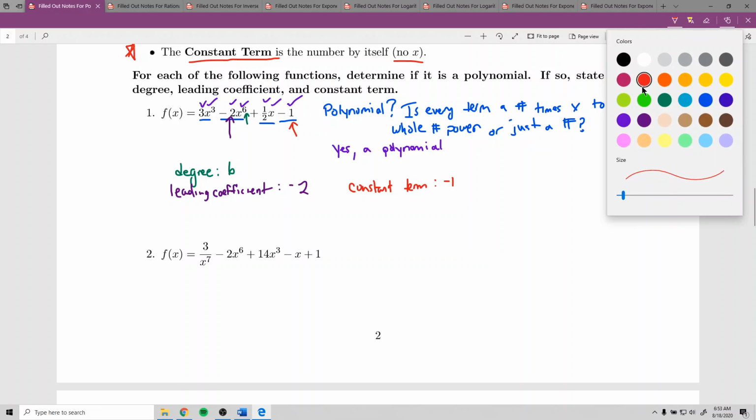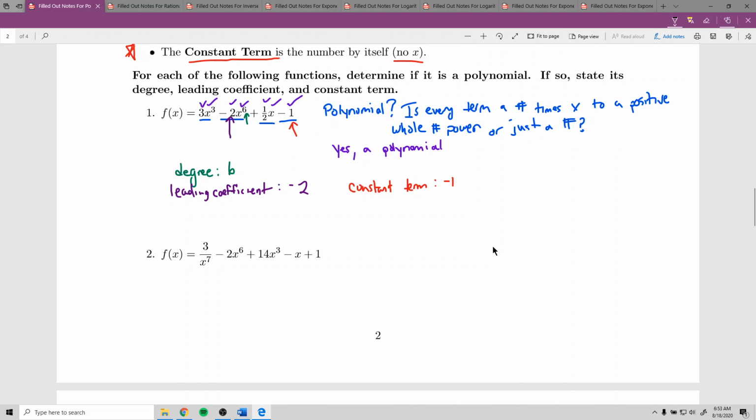Right. One thing I will add, because this example didn't have it, if there is no term with just a number, so it looks like there's no constant term, then the constant term, it's really there.